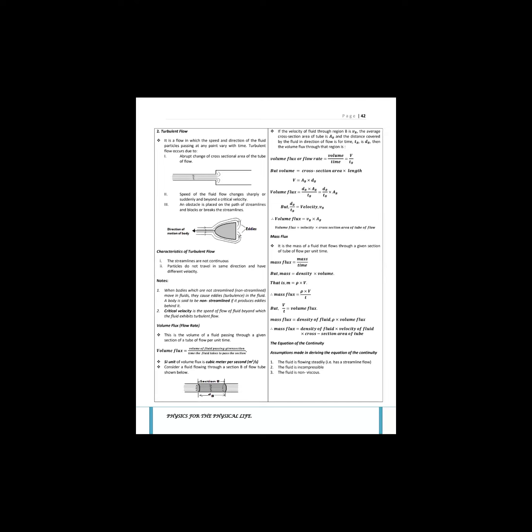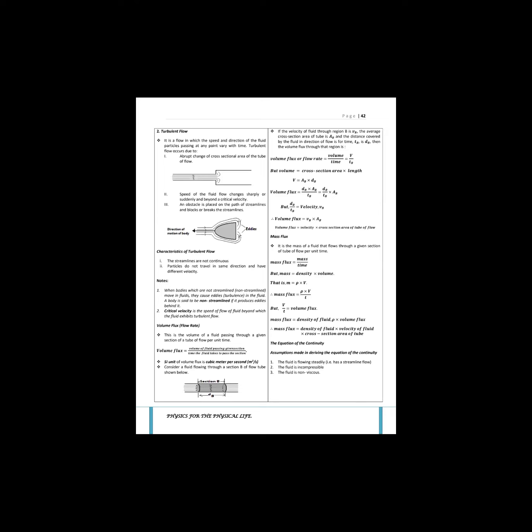We'll do some questions after this. So can you now note the formula, the first formula from definition, that volume flux is equals to V over T, and also note the formula after deriving that volume flux is V multiplied by A. Volume flux is velocity multiplied by cross-sectional area A. In some questions, you will need the two to get the answer.